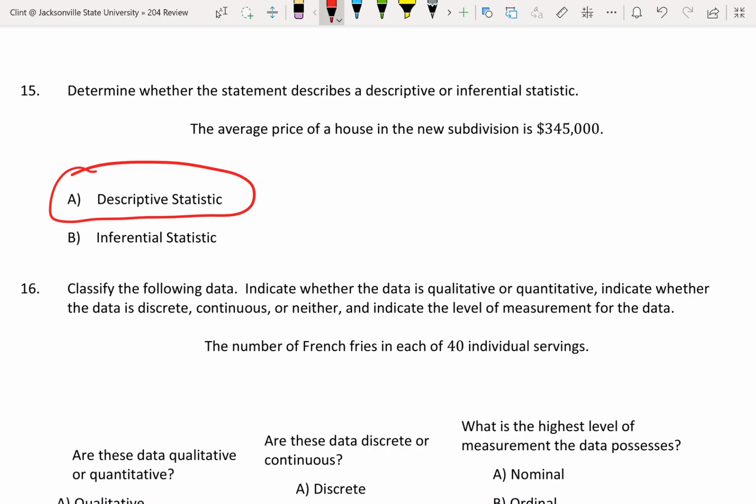Okay. Have to have something about taking a sample in there and then making a claim about a population value. Questions on the difference? Okay.